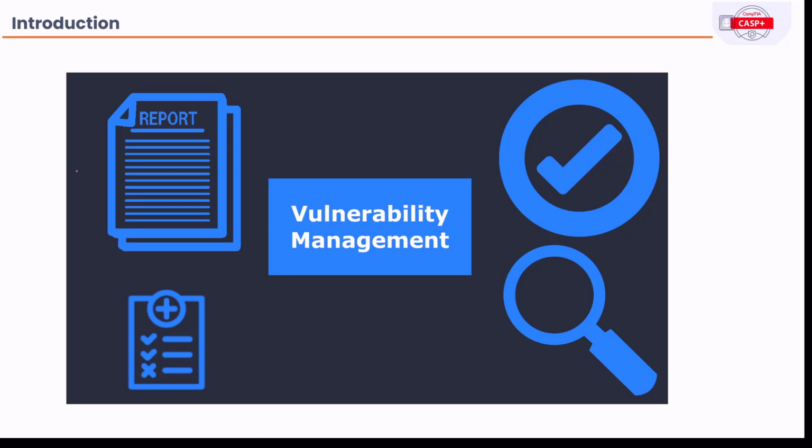So, some introduction. Security professionals must always evaluate the security of operating systems, networks, industrial control systems, end user devices, and user behaviors. We need to use vulnerability scanning to check how safe our systems are all the time.